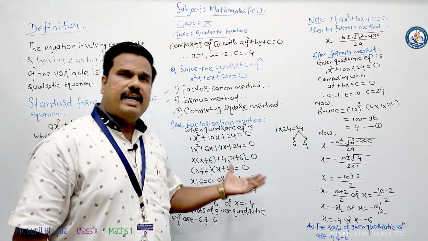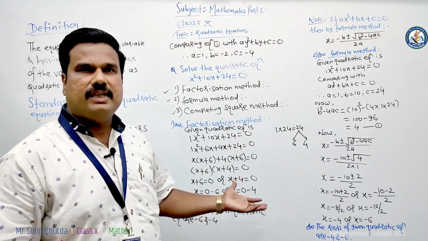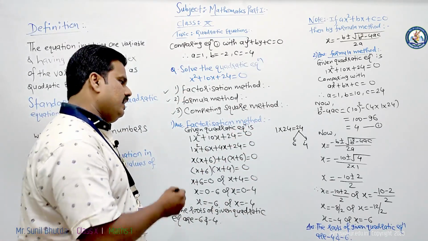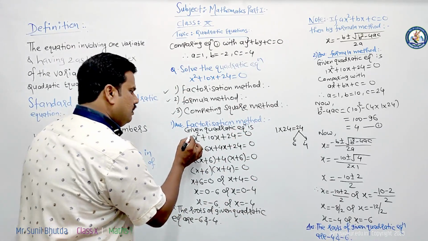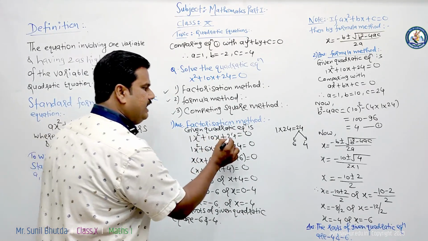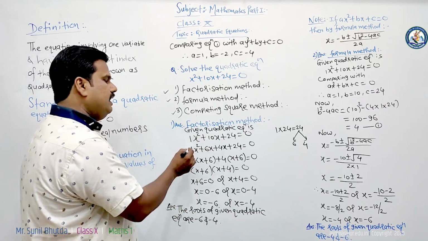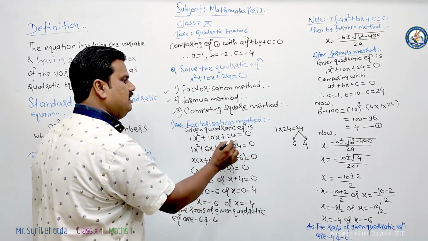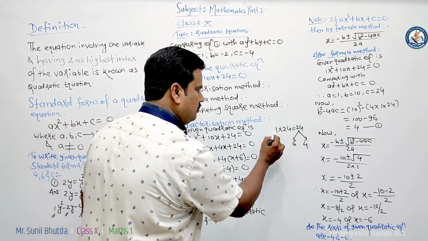Now the question arises, how to solve the given quadratic equation by the factorization method. Firstly, we will find out the product of the coefficient of x square and the constant term. Here the coefficient of x square is 1 and the constant term is plus 24.